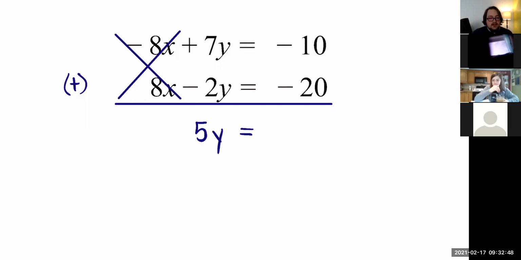And then on the right side of those equal signs, we have a -10, which we're going to add to a -20, which is going to give me a -30. And just like that, again, this is the perfect case, so minimal work so far. We're left with a new equation, 5y equals negative 30. How do we solve this one?